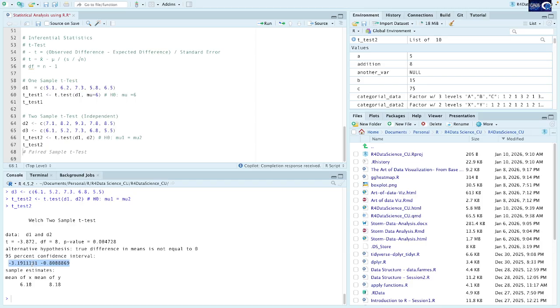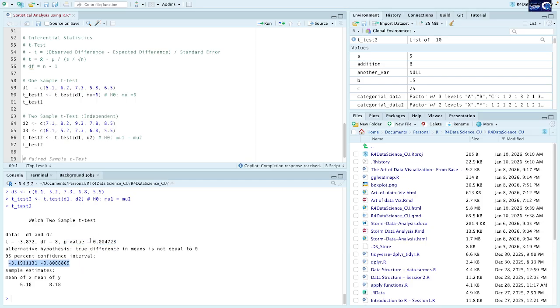If 0 is not there and the means of the two populations are not included, then we can say the test is statistically significant. It's not only about looking at the t value or p value; we need to consider the confidence interval as well.